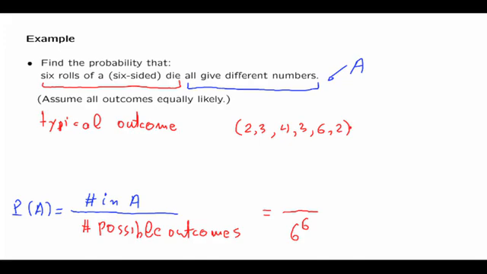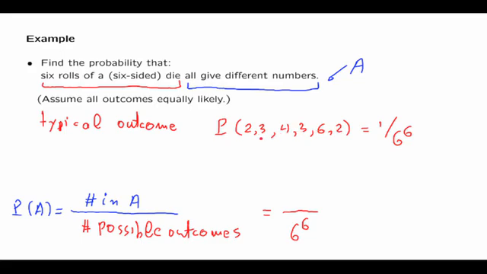And by the way, since we have so many possible outcomes and we assume that they're equally likely, the probability of each one of them would be 1 over 6 to the 6th. Incidentally, that's the same answer you would get if you were to assume, instead of assuming directly that all outcomes are equally likely, that the different rolls are rolls of a fair six-sided die, so the probability of getting a 2 is 1/6, and also that the different rolls are independent of each other.